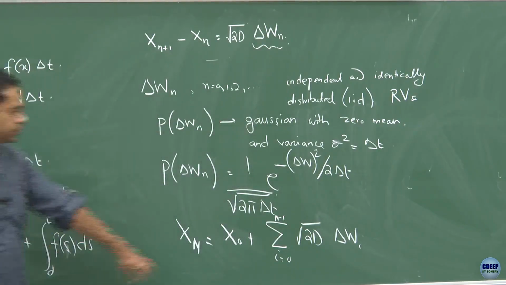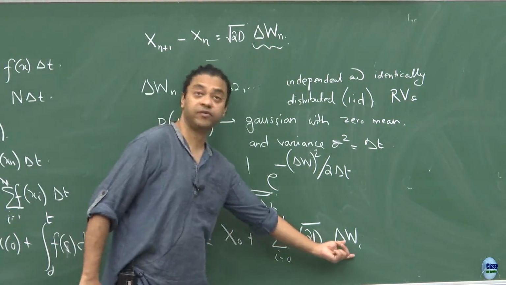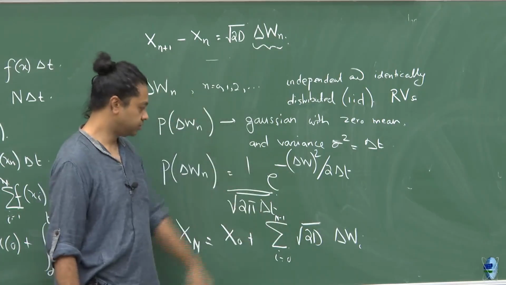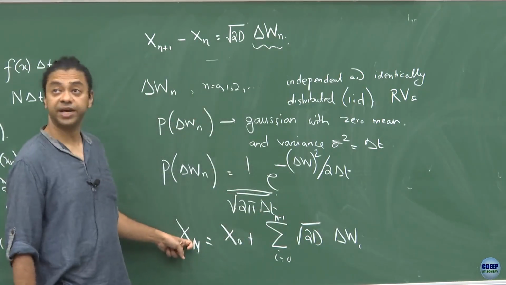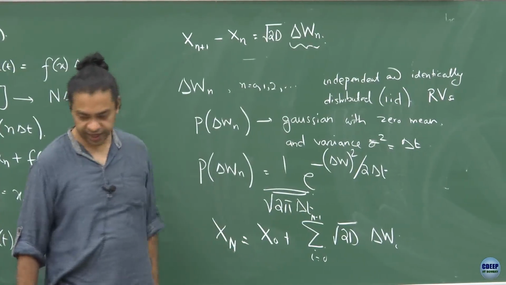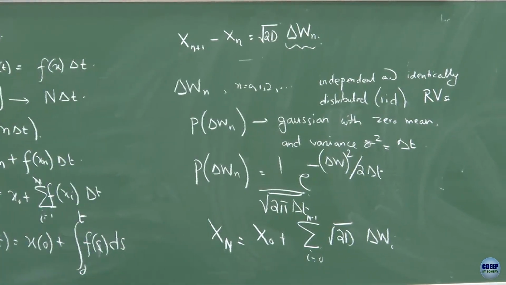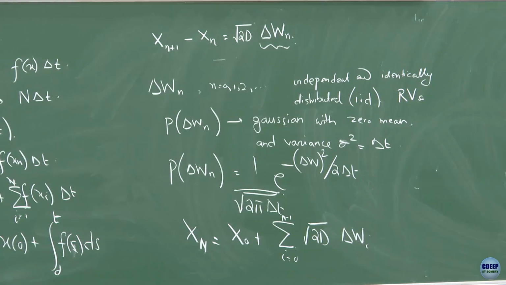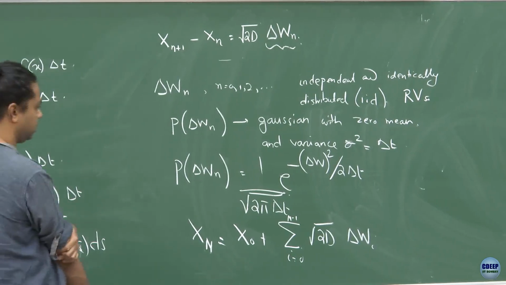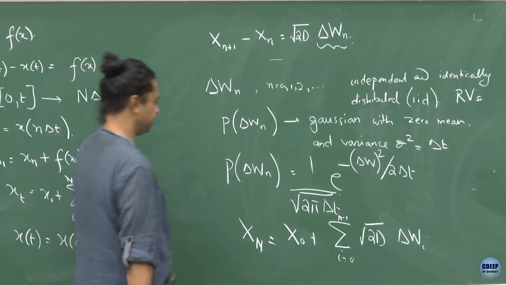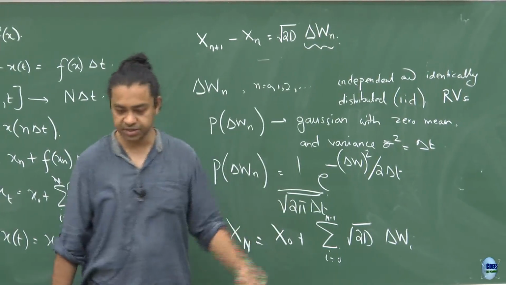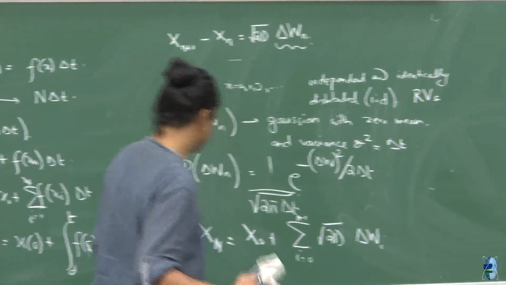So, I start with x0. Every time I choose this random variable according to this probability distribution, I update my x, and I do this again and again. I get this x of n. Let us say, for the sake of simplicity, I start at 0. I always start at 0.